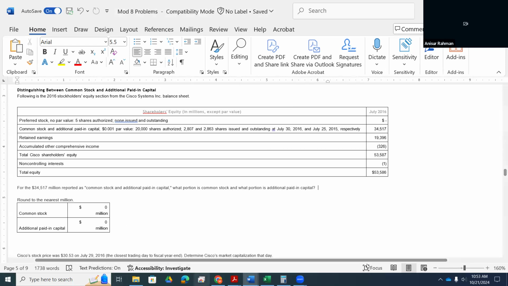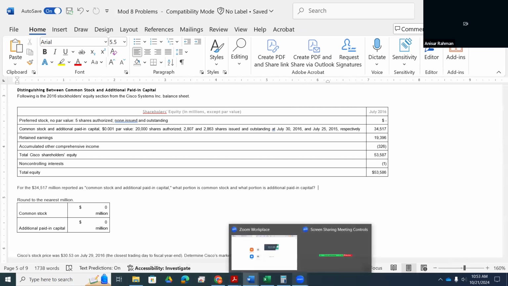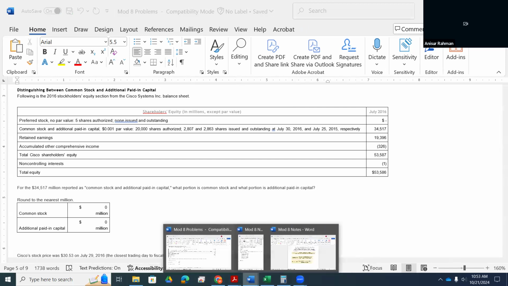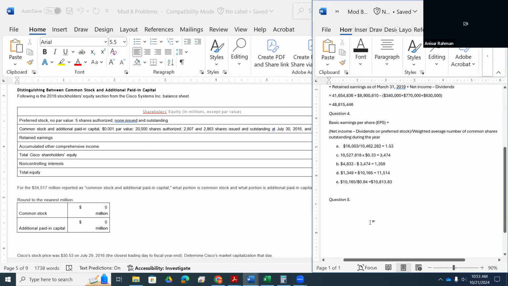So the common stock part is equal to your par value times the number of shares outstanding.